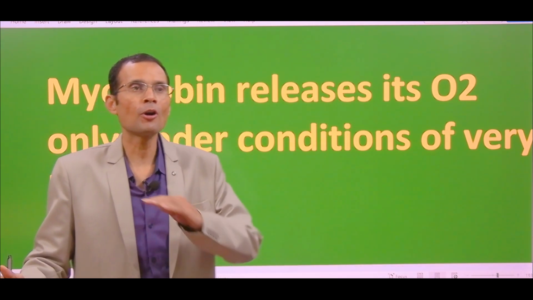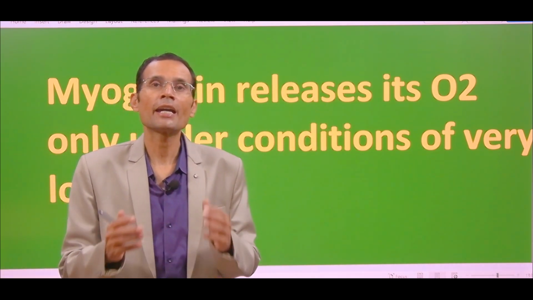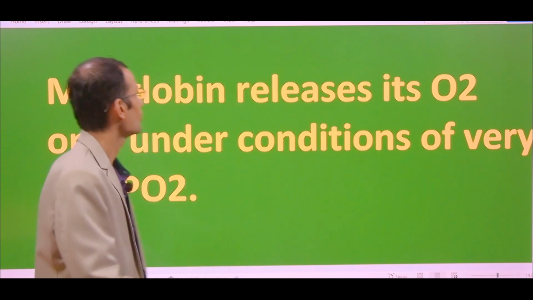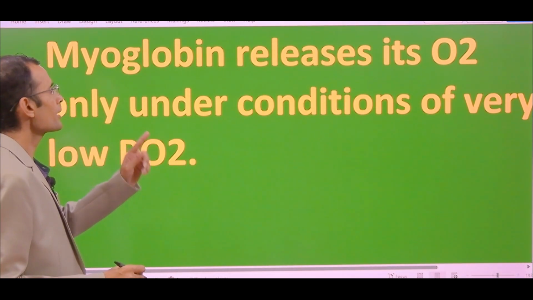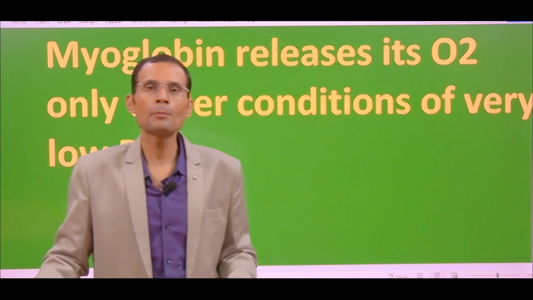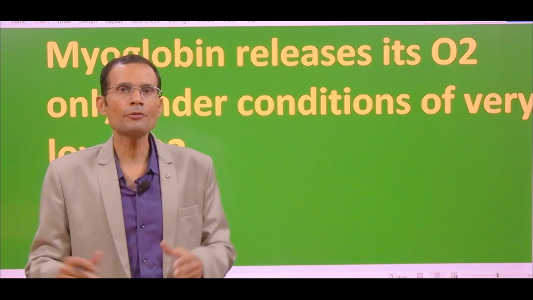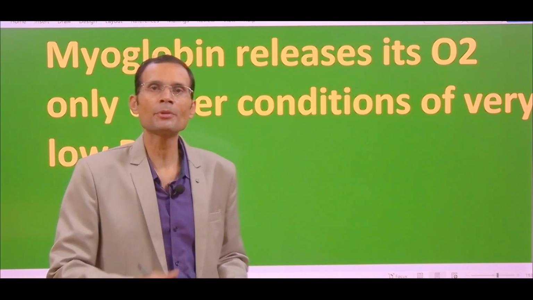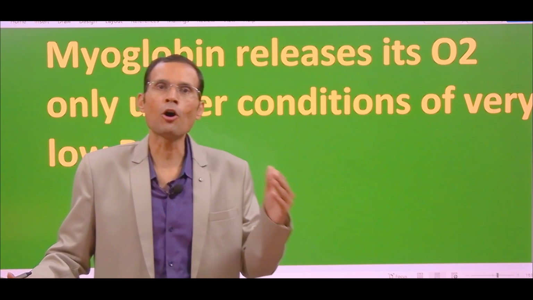We won't be able to perform slow and sustained activities, we won't be able to run marathons, if there was no myoglobin. All right. Myoglobin releases its oxygen only under conditions of very low PO2. Another important factor for myoglobin is that if the PO2 is very low, like in the condition of muscle ischemia, as we are contracting the muscle, PO2 is going to fall.